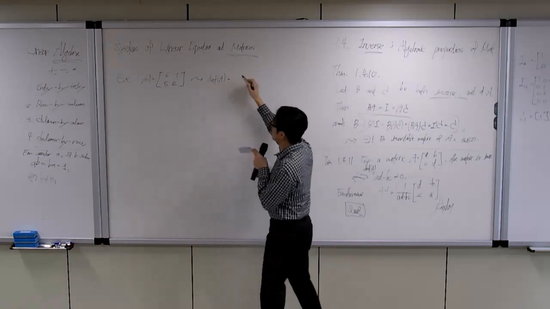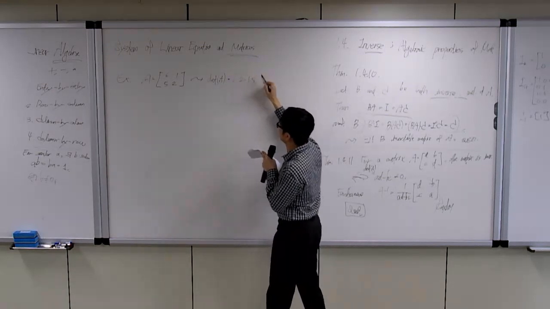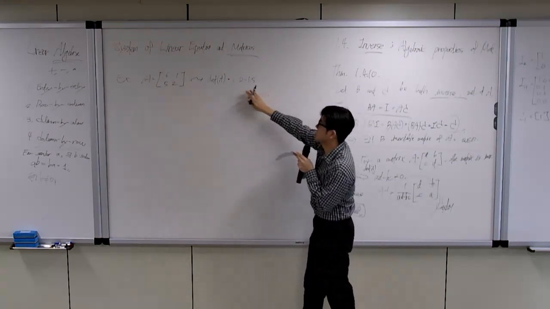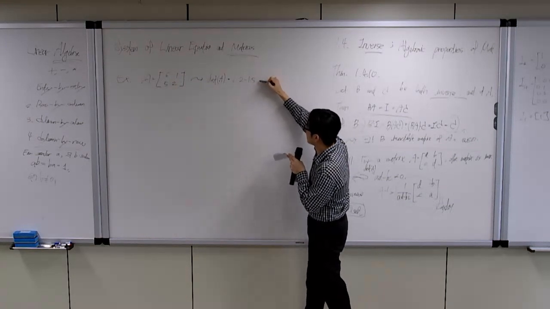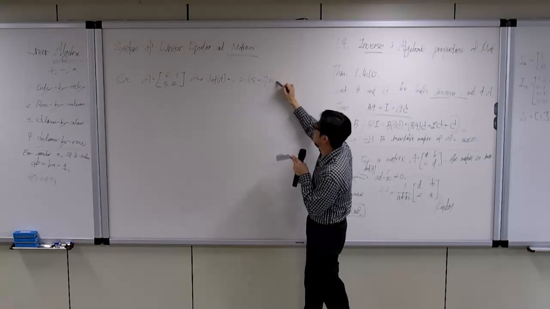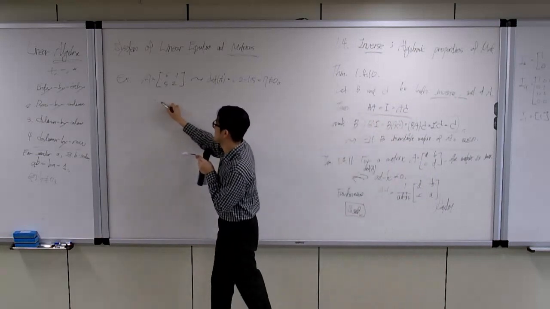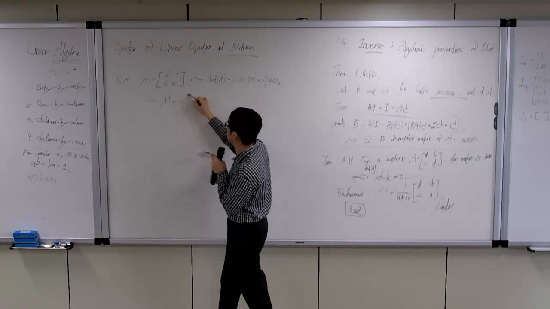In this sense, the determinant of A is AD minus BC. So 6 times 2 minus 1 times 5 is 7. So it is not 0. Then it is invertible, and it will give the answer of the inverse matrix.